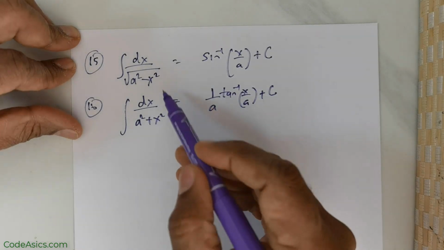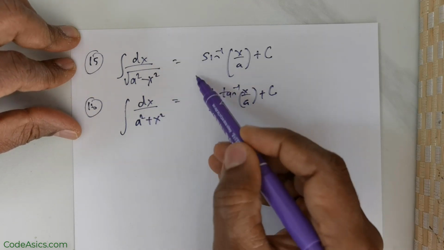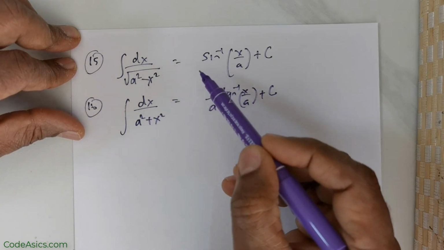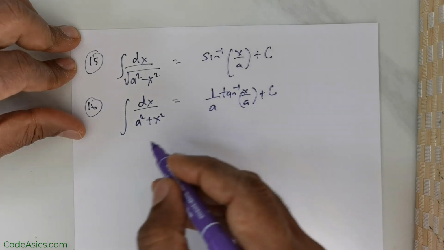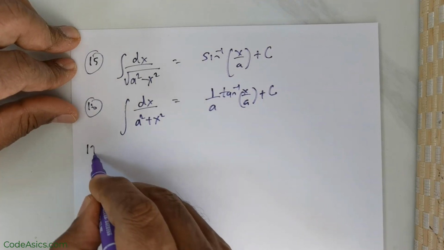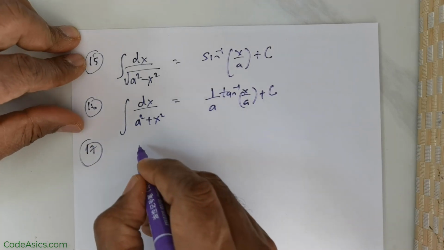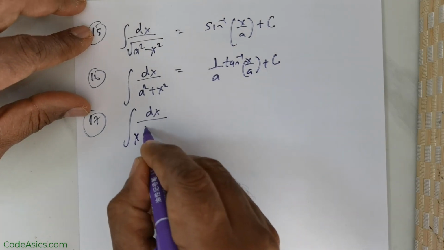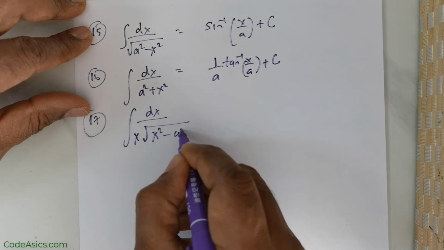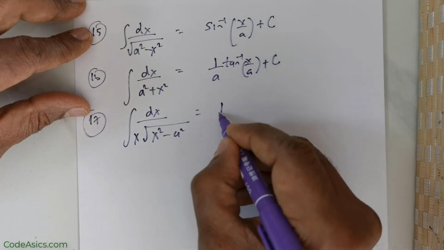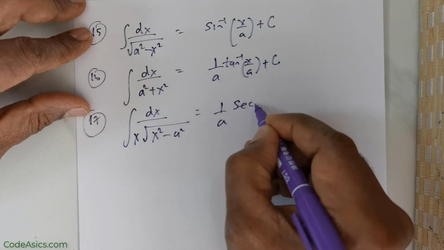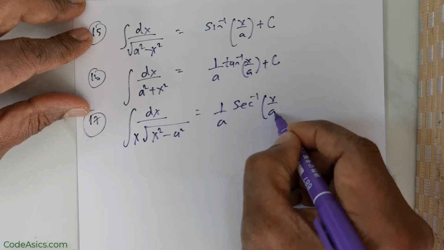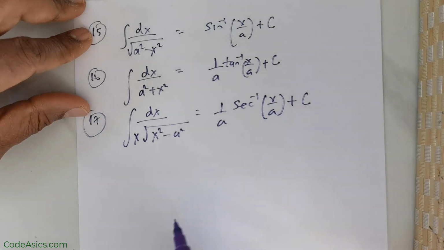Now you need to know that over here we don't have any 1 over a being multiplied, but over here we got 1 over a, so exercise some caution. Formula number 17, integral dx over x times square root of x squared minus a squared is equal to 1 over a secant inverse of x over a plus arbitrary constant c.